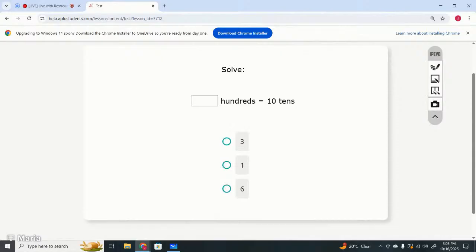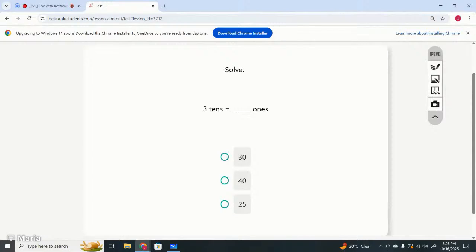Ten tens equal how many hundreds? 10 tens equal 100. Option number 2 is the correct option.